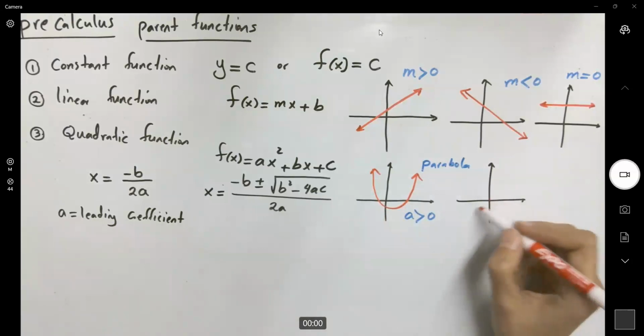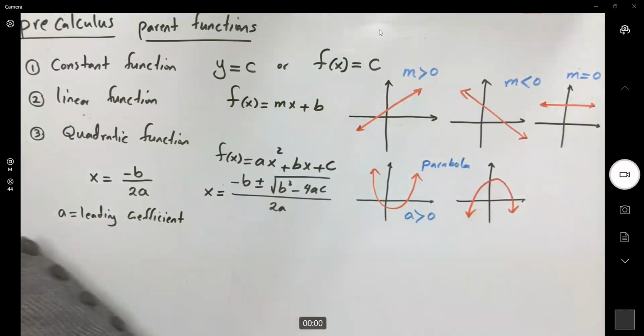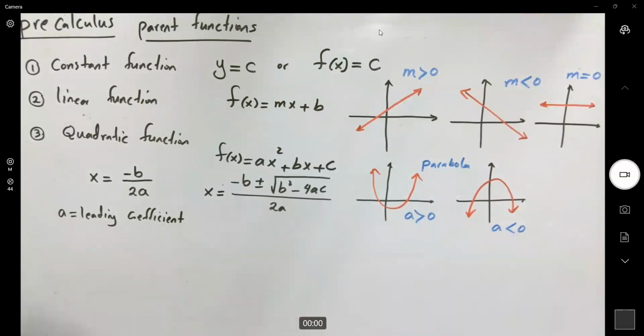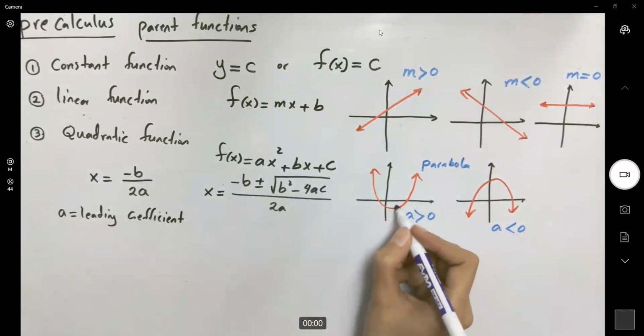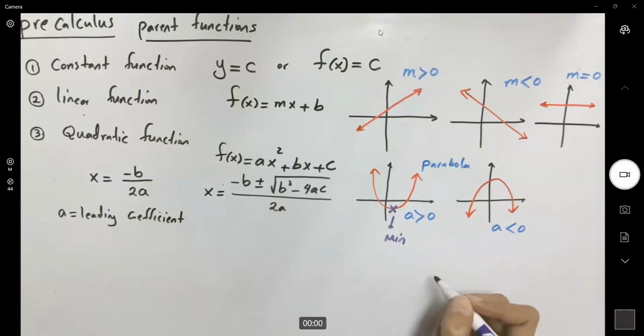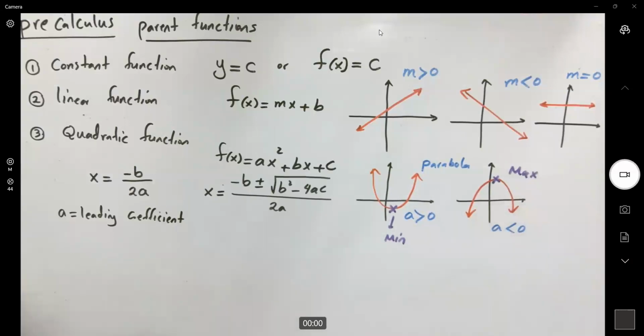Well, if a is negative, then it opens down. The parabola opens down. Remember that. We said, hey, if a is positive, we end up with a minimum for our function. And if a is negative, we end up with a maximum for our function.